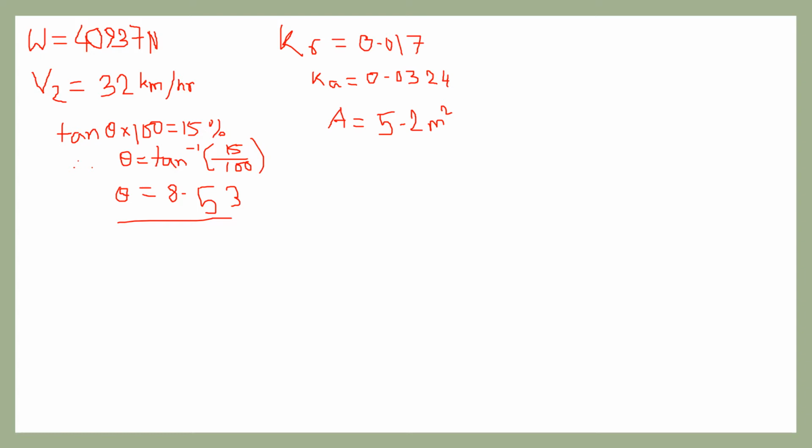The transmission efficiency in second gear is estimated to be 80%, that means 0.8.